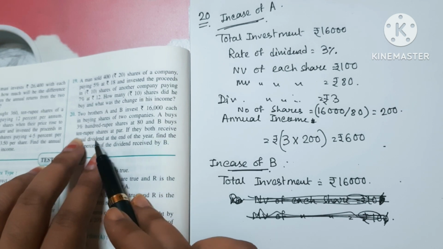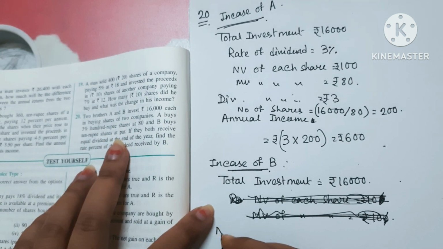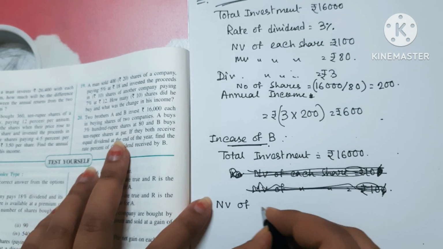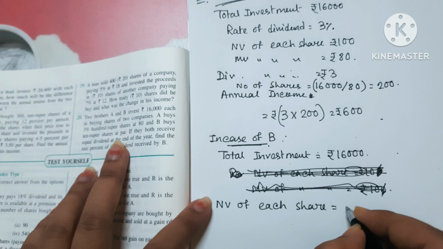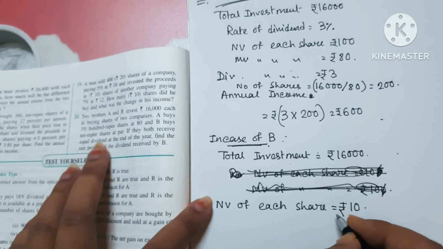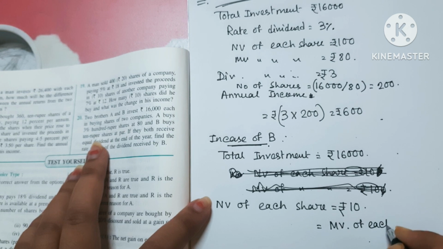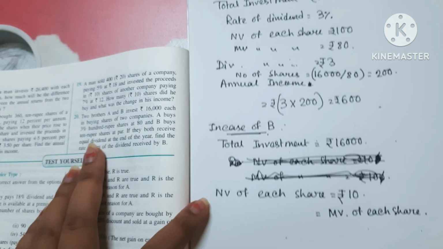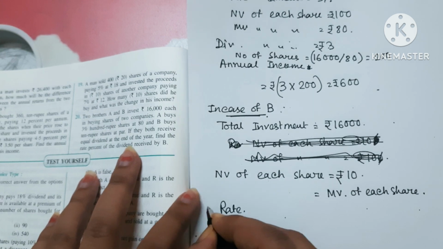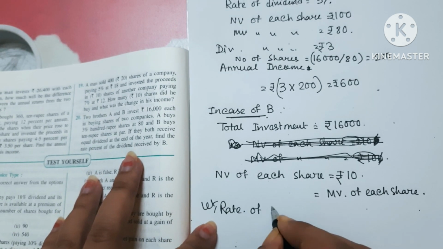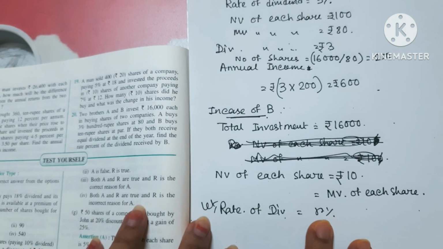So rupees 600. And in case of B, okay, so in case of B, see, B buys 10 rupee shares at par. That means nominal value at par means nominal value of each share is equal to rupees 10. So rupees 10 is equal to market value of each share. Now see, suppose rate of dividend, let rate of dividend is R%.